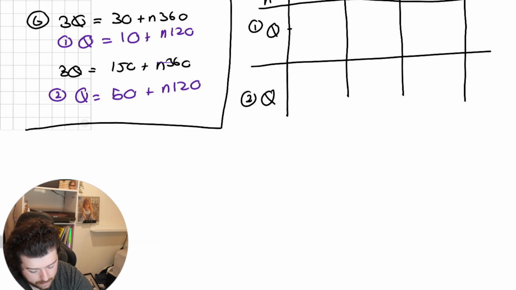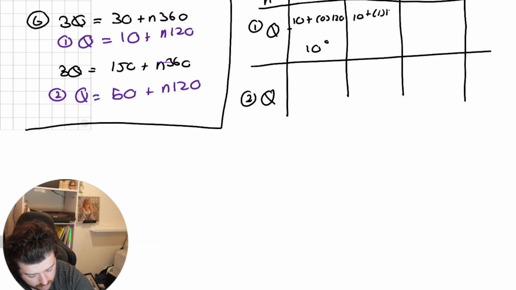So n is equal to 0. My first equation here, 10 plus n times 120. So 10 plus 0 times 120, which is going to be equal to 10. That's my first equation. Here, n is equal to 1. So 10 plus 1 times 120, which is going to be 130.